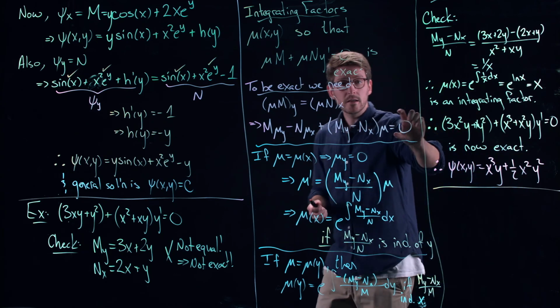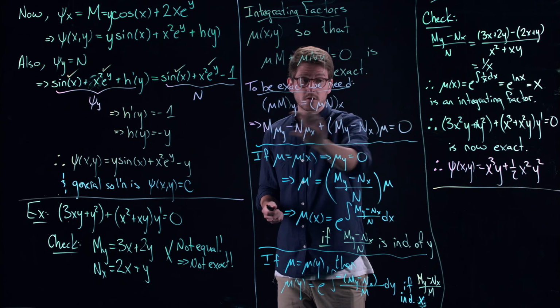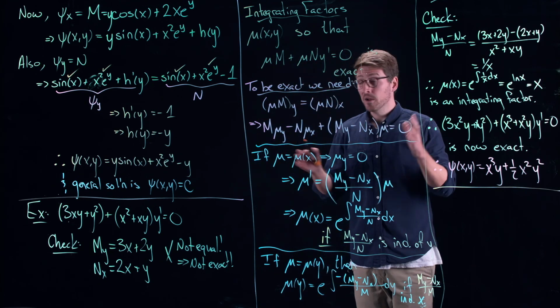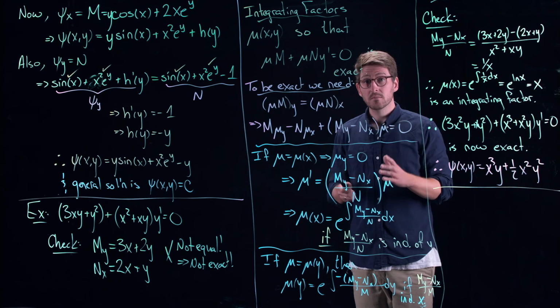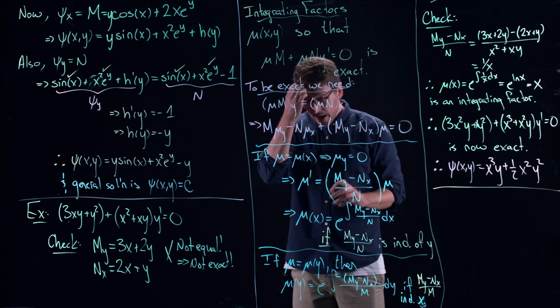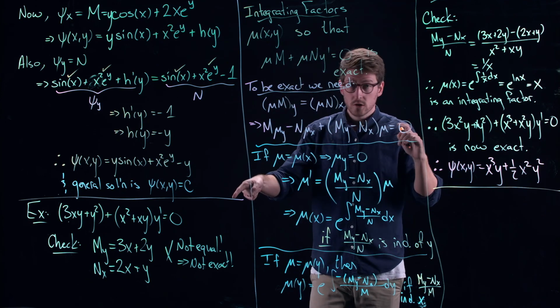But technically, you can find integrating factors if you're able to solve this partial differential equation in general. Now, I am not saying that's easy. I am not even saying that I can do that. But technically, it could probably be done. And in fact, there's more than one integrating factor for this equation.